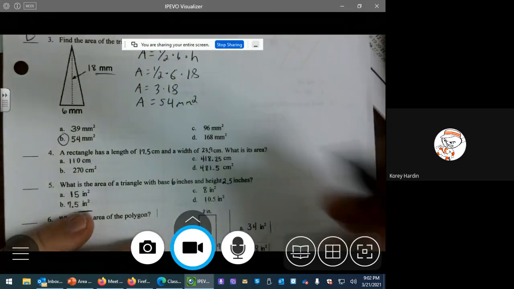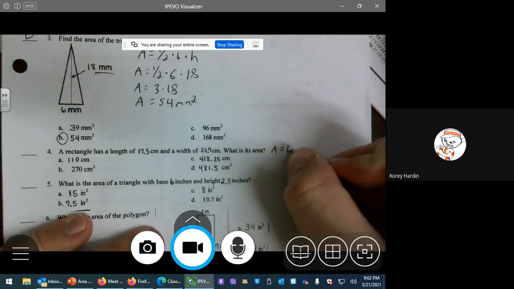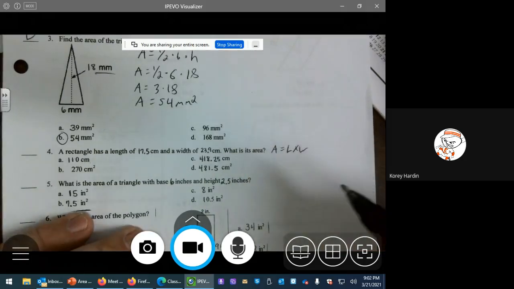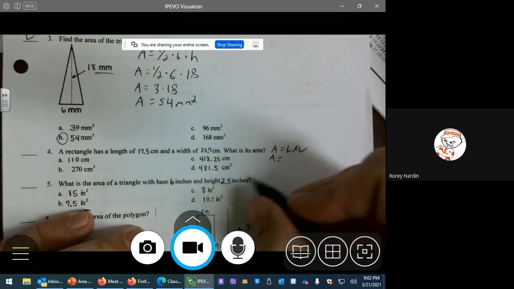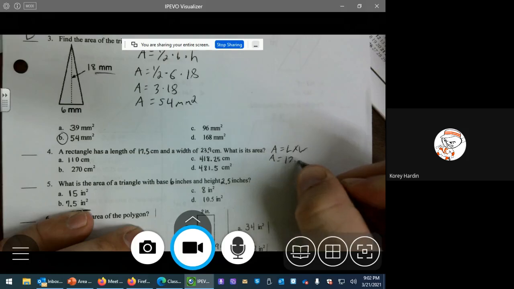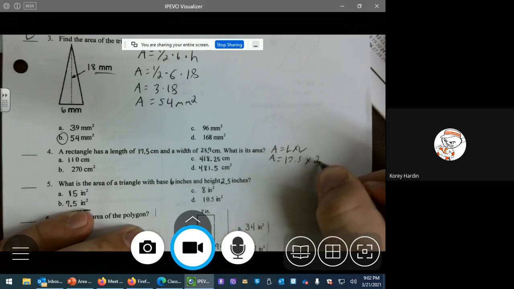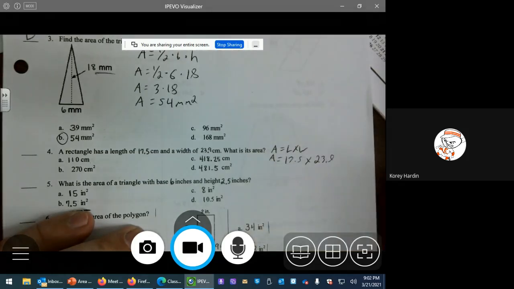All right, back to rectangle. So the area of a rectangle is length times width. So a rectangle has a length of 17.5 centimeters and a width of 23.9. So area equals 17.5 times 23.9.